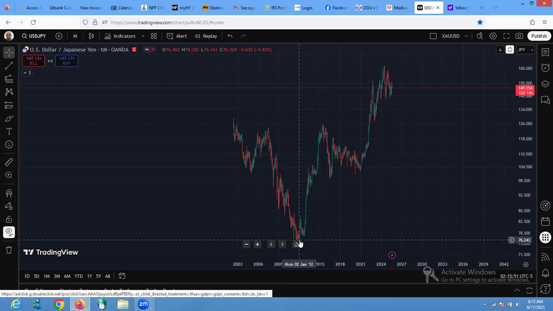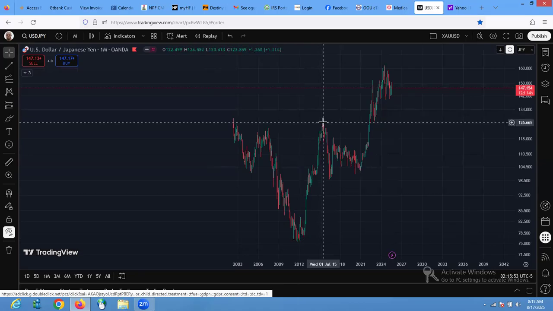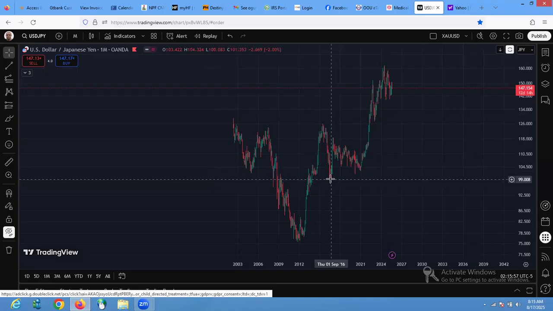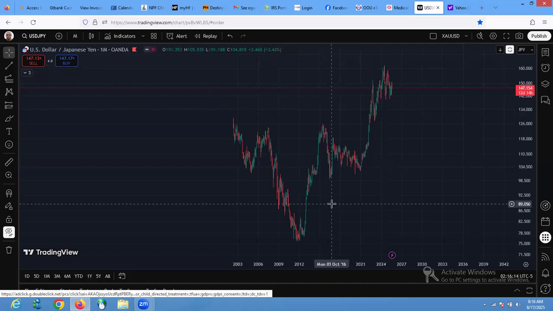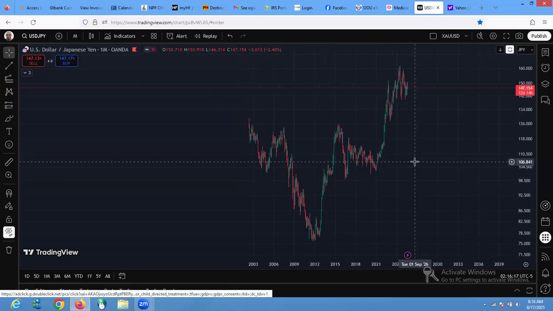So the 3 waves we have seen: this one as an A wave, this pullback or big correction here on the monthly time frame as a B wave, and now we believe that this C wave is completed and we are correcting from here. So it's a zigzag to the upside, as you can see.